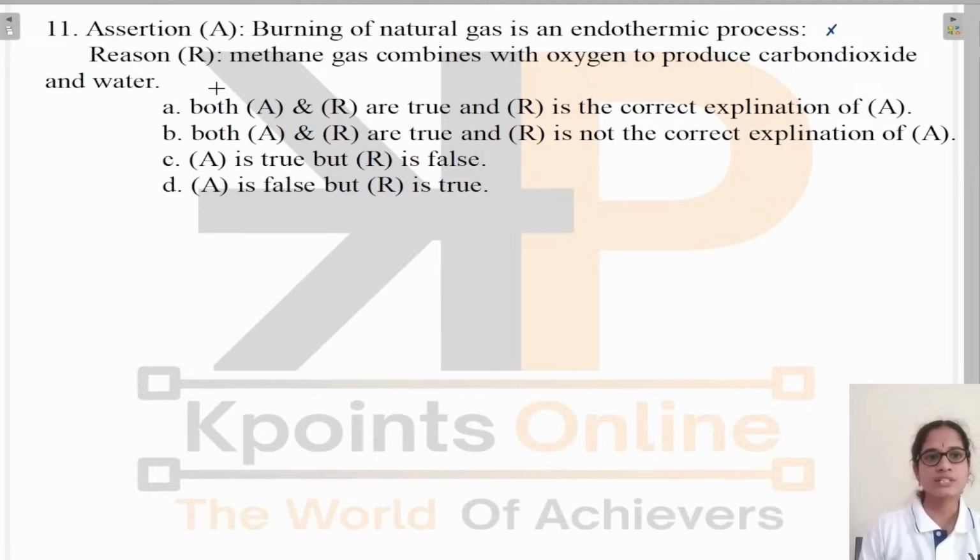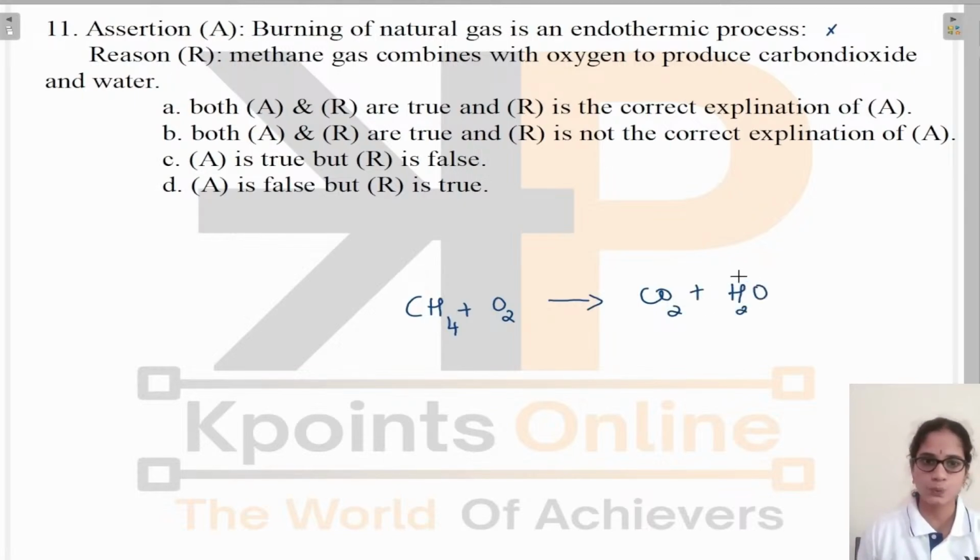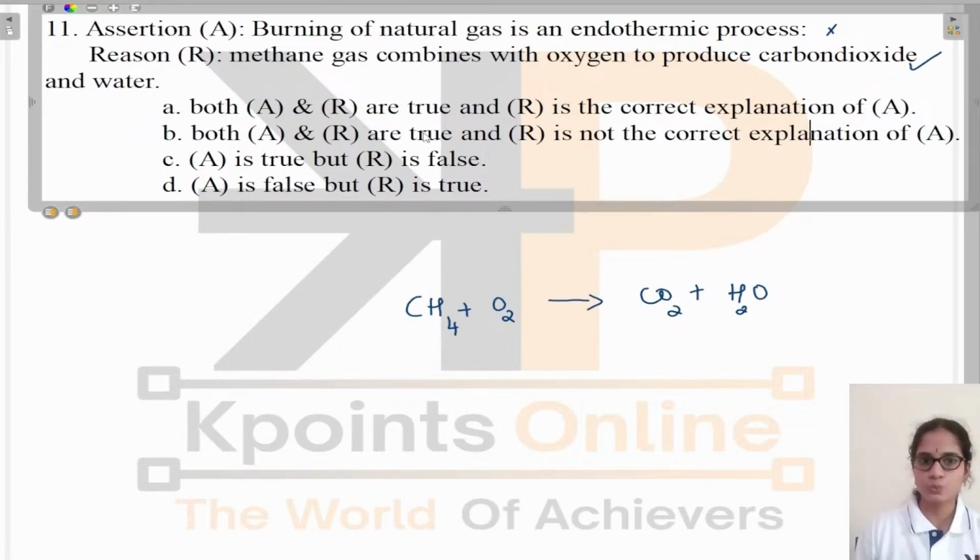Then the reason: methane gas combines with oxygen to produce carbon dioxide and water. Yes, this is true. When methane is burned, it produces carbon dioxide and water. The reason is true. Let us check the options here. Both A and R are true and R is the correct explanation of A. Here A is not true.